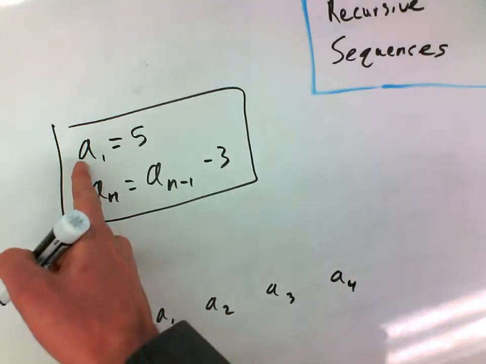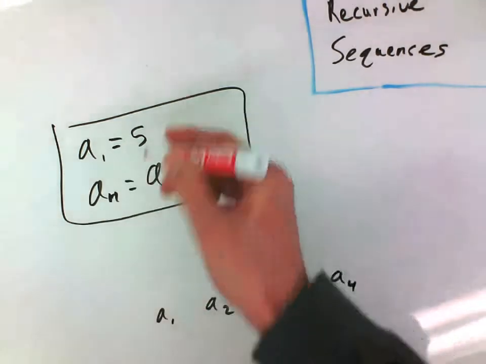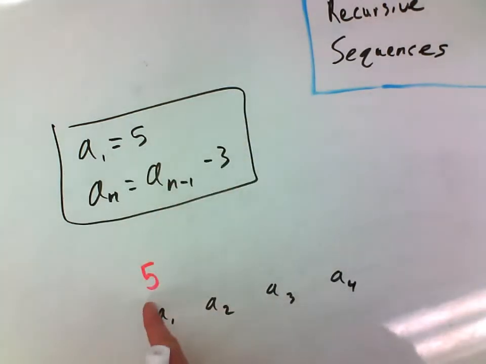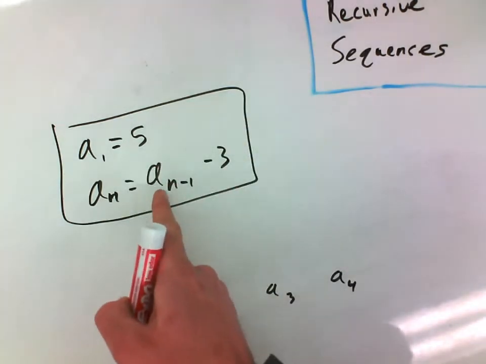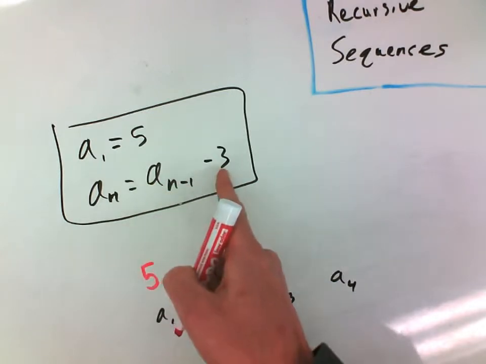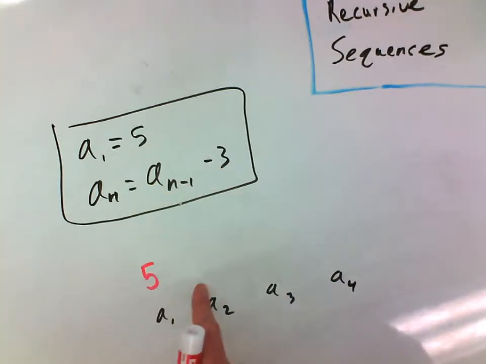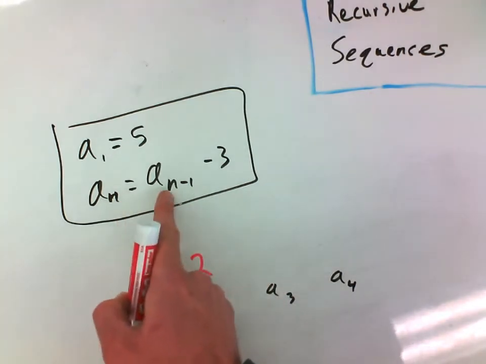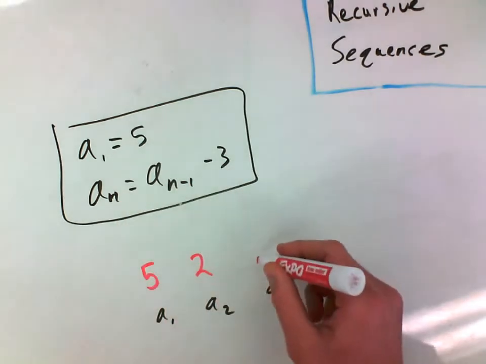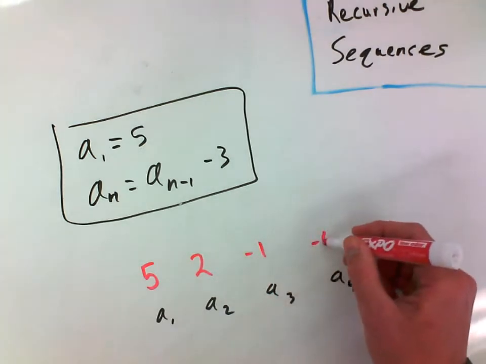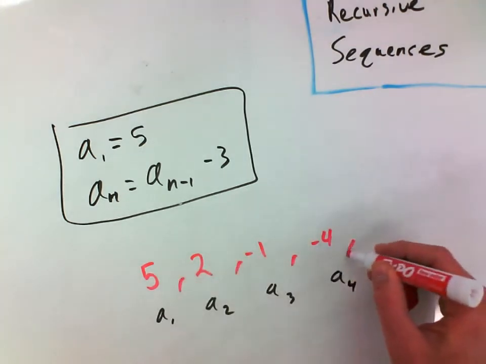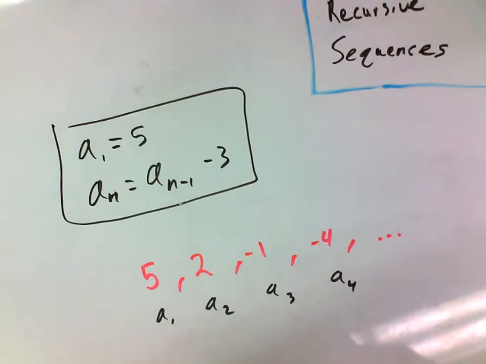And so on. I know from this equation, I'm going to start off at 5, and now I need to figure out how to get to the next one. Well, all I got to do is take the one before it and subtract 3. So here's the one before it, 5 minus 3, 2. How do I get to the next one? I take the one before it, subtract 3. So 2 minus 3, negative 1, negative 4. And you kind of get the drift from there, right?